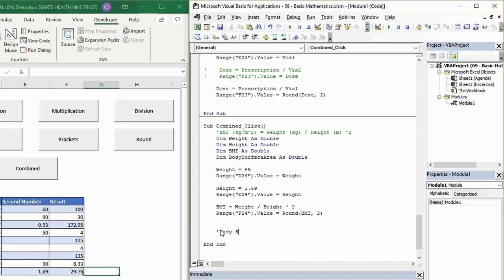Now, body surface area is calculated in meters squared and is equal to height in centimeters multiplied by weight in kilograms divided by 3600 and all raised to the power half.